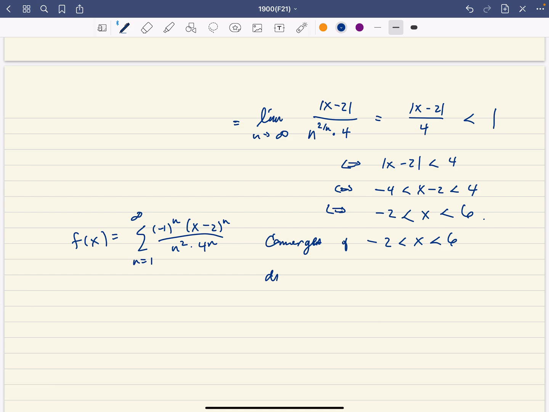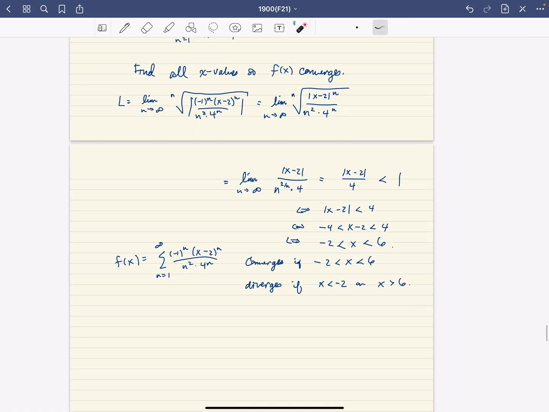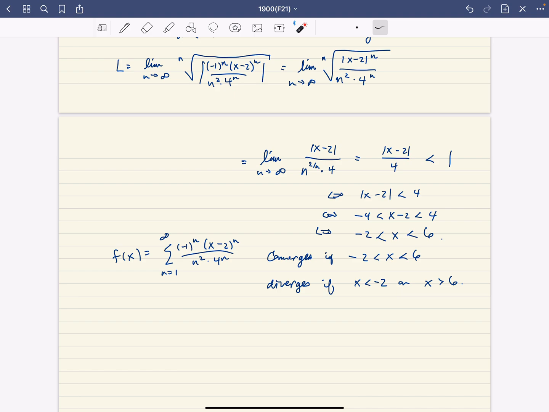We know that this diverges if x is less than negative 2 or greater than 6, and that's just by the root test. We know that if this value is strictly greater than 1, then the series diverges by the root test.